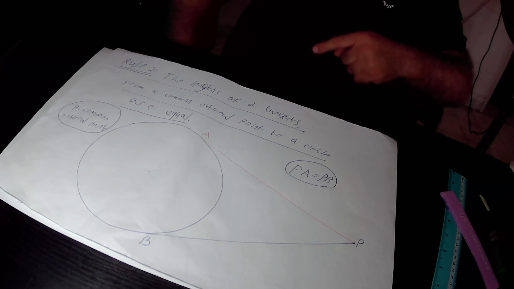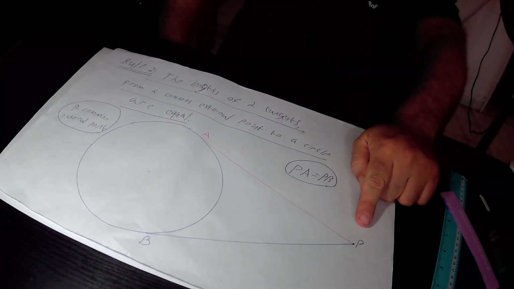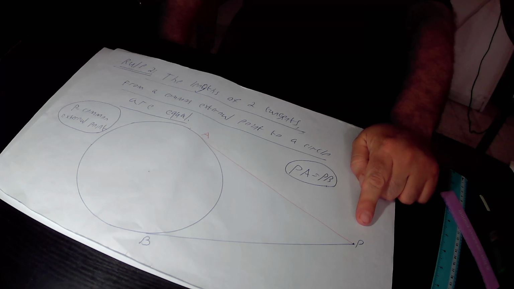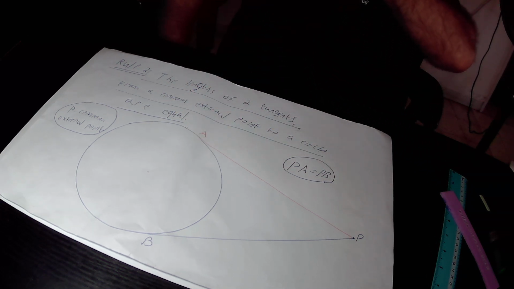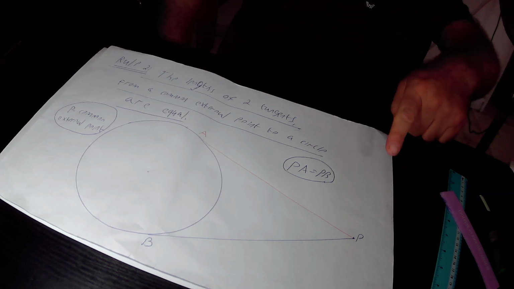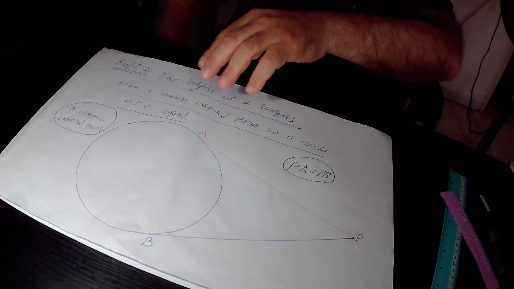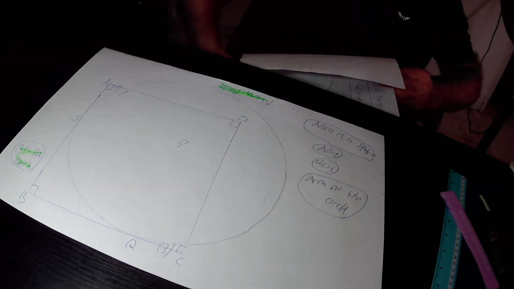So in the drawing we have a circle. This is the common external point P. From this common external point P, we have two tangents to this circle, tangent PA and tangent PB. And according to rule 2, they are equal to each other. That is to say, PA equals PB. We can actually implement rule 2 in our drawing.